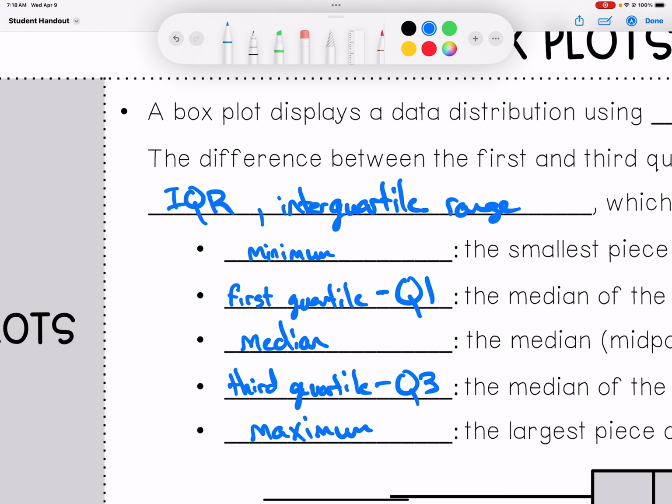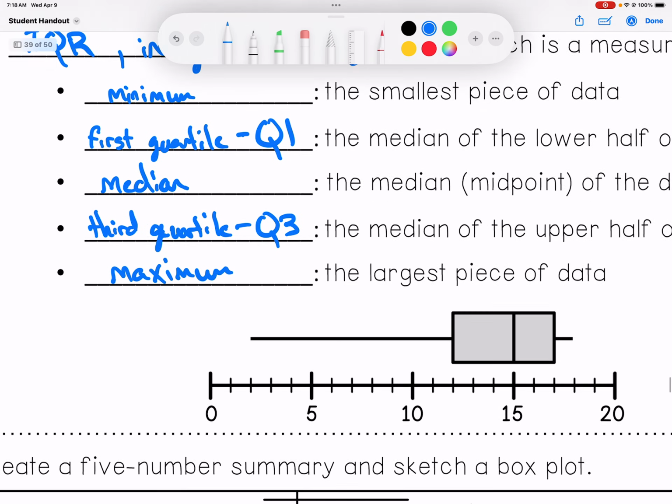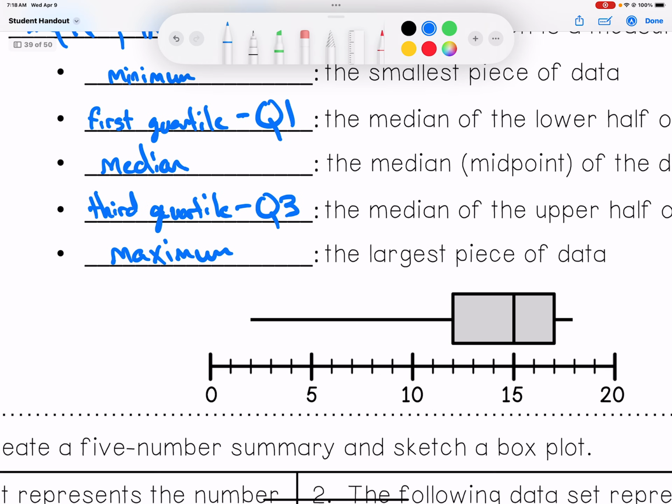So here's what each one of those data points means when you look at the box plot. This is the minimum right here. That's the minimum. Q1. Or right there, whatever. Let's redo that. The median.